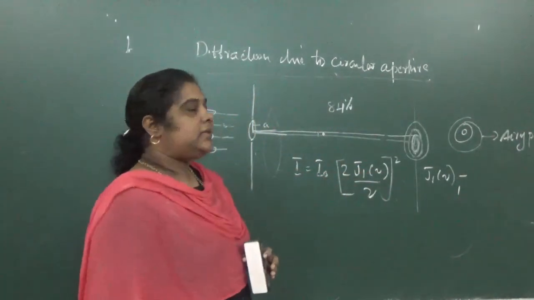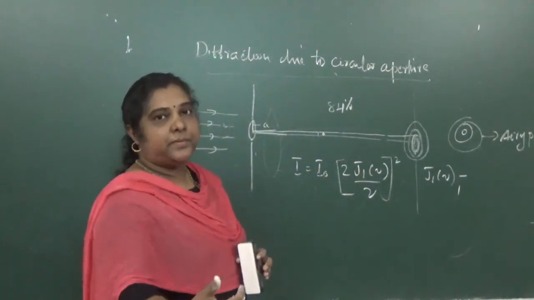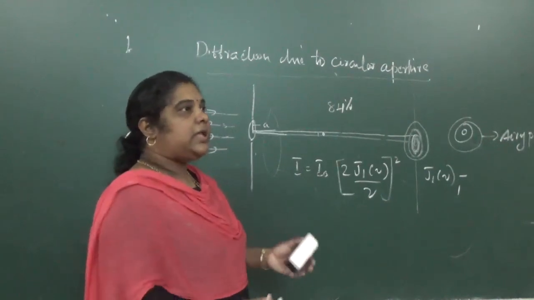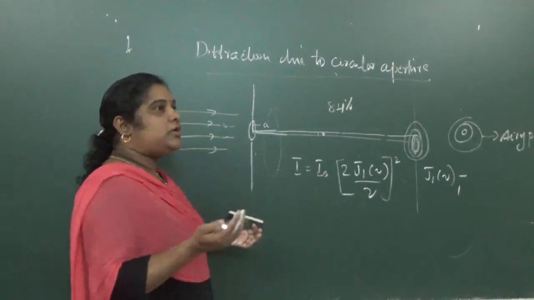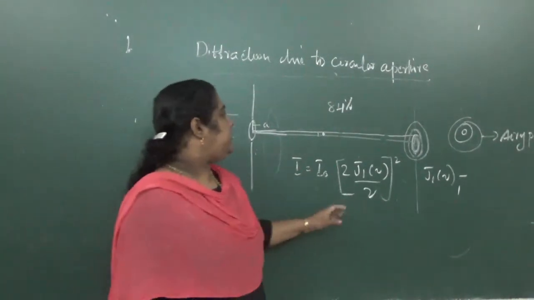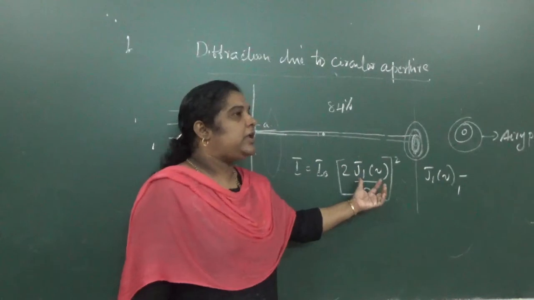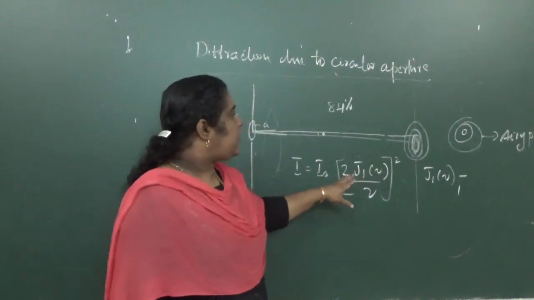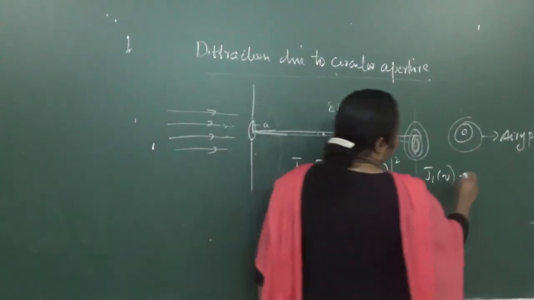In our last class we saw the sinc function, sine beta by beta, and you know the cos and sine functions. But similarly in physics we use a special type of function called the Bessel function.